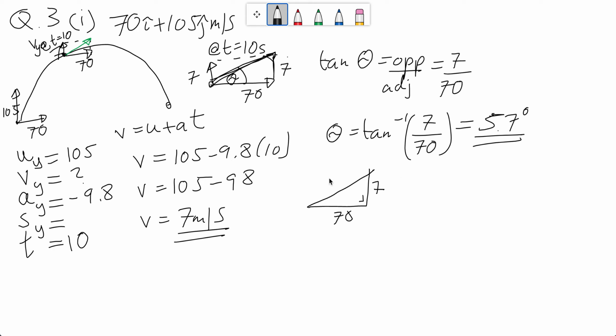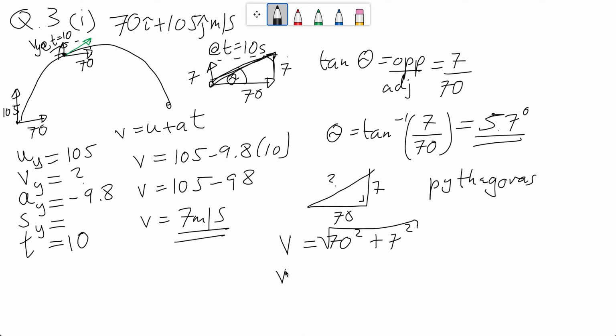I want to know what this bit here is, so I'll call it V. V equals the square root of one side squared plus the other side squared. That's just Pythagoras.